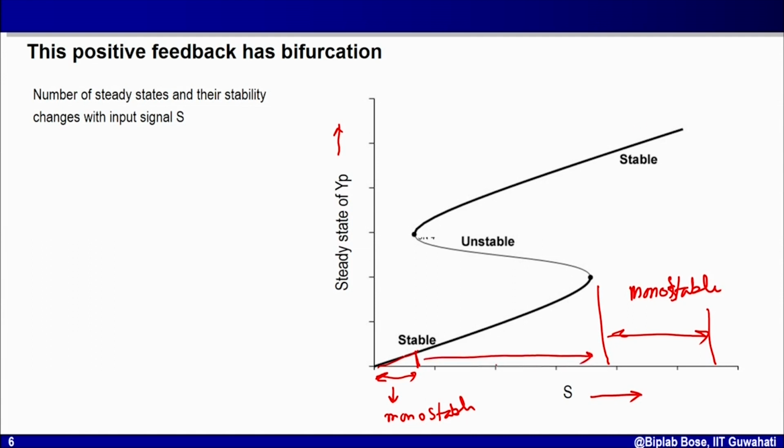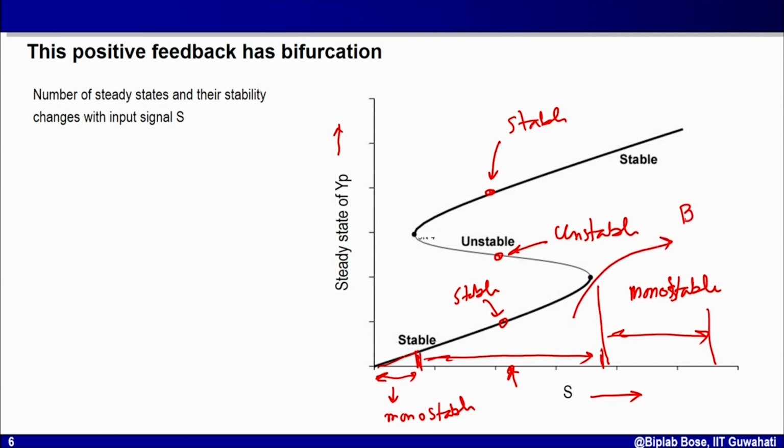In between, I have the option for any value of S. For example, if I take S here, I have 3 steady states. 2 of them are stable and 1 is unstable. So this region, the middle region, is actually the bistable region.